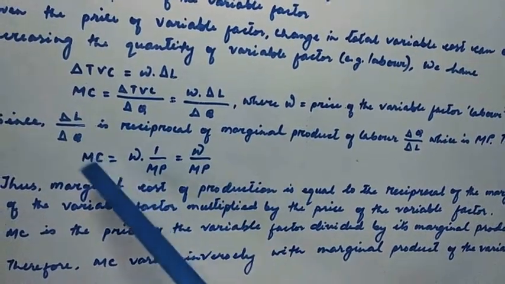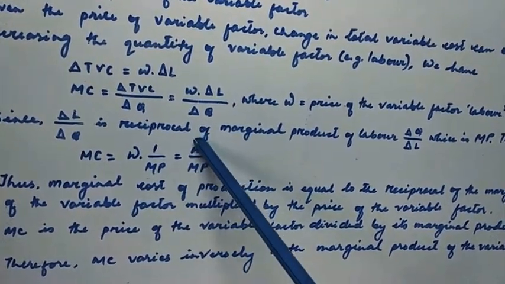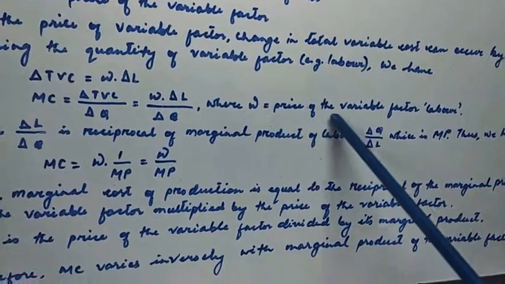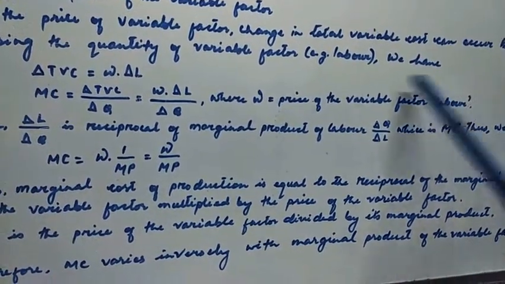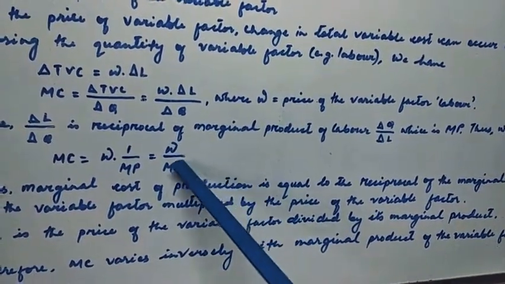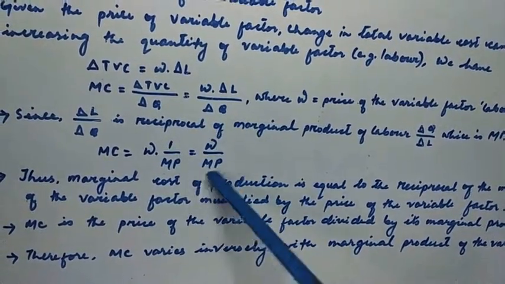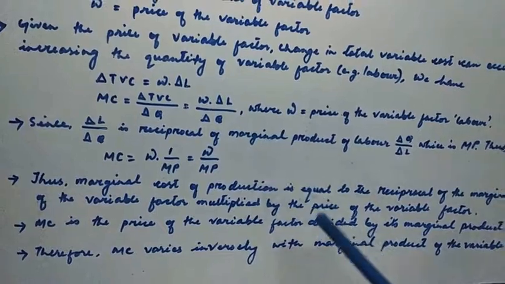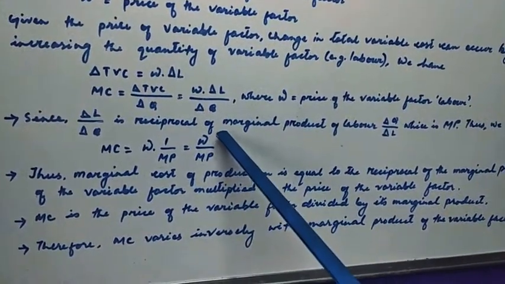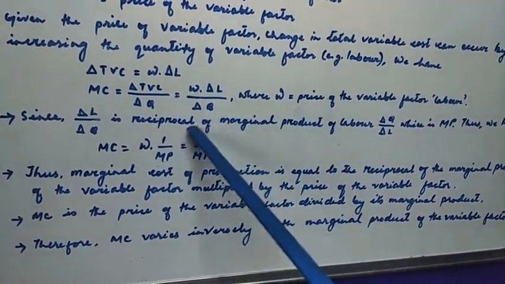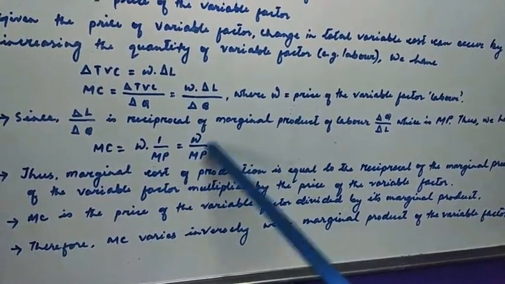So marginal cost at last we have is small w, which is the price of the variable factor, that is labor, divided by the marginal product. That is the marginal cost that we have derived ultimately. What does this indicate?